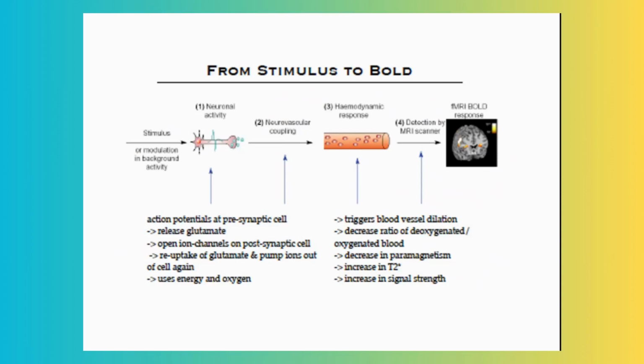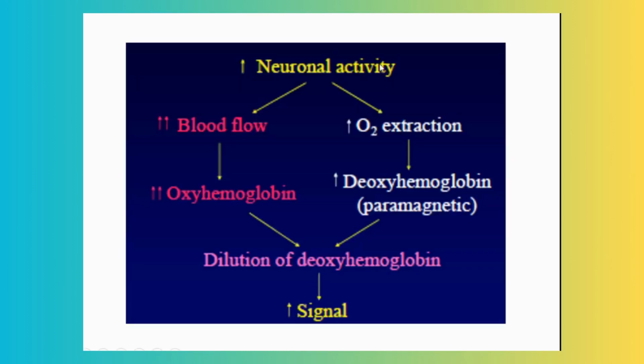Oxyhemoglobin is diamagnetic, so it doesn't drop out signal. So that is the BOLD signal, basically due to oxyhemoglobin. The active area will now show more oxygenated hemoglobin, therefore more signal. So again: neuronal activity, increased blood flow, increased oxyhemoglobin, dilution of deoxyhemoglobin, and increased signal.